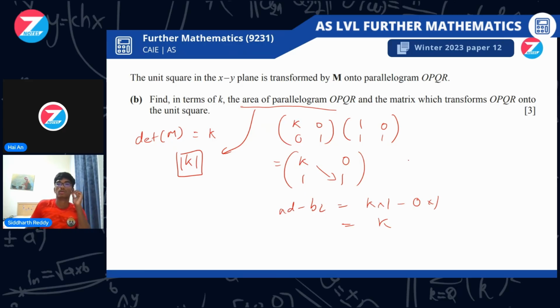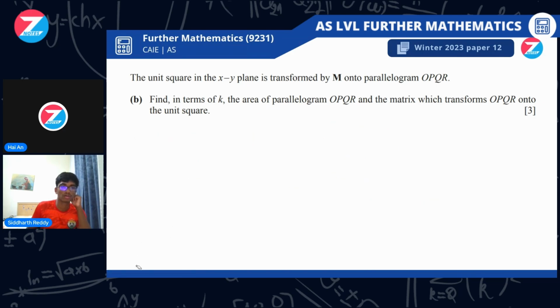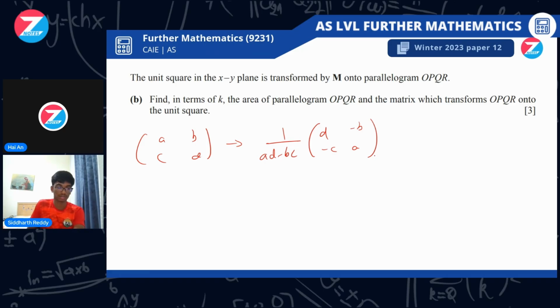Okay, so find the matrix which transforms OPQR back onto the unit square. This is going to be the inverse matrix. If you have a matrix like A, B, C, D, the inverse matrix is going to be 1 by AD minus BC into D, minus B, minus C, A. Since we had k, 0, 1, 1, this is going to be the inverse of this.